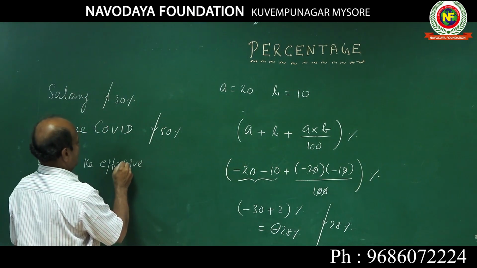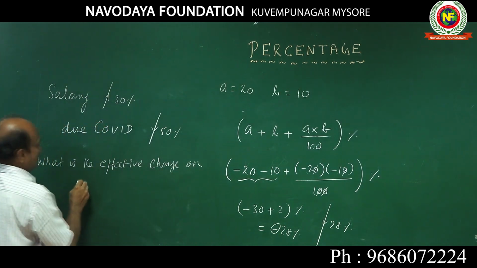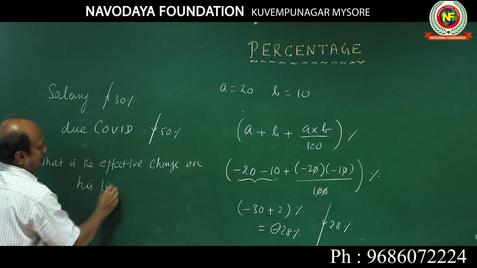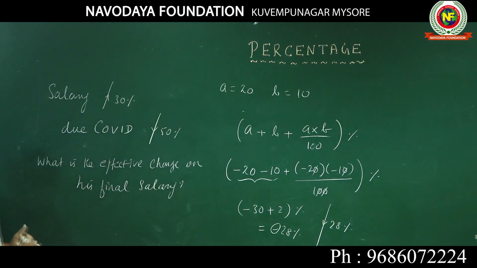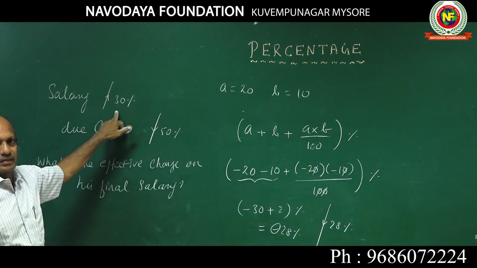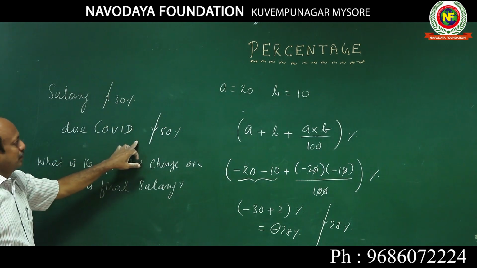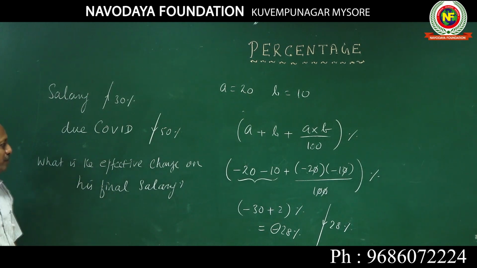Let me repeat the question. The person's salary before the COVID was increased by 30%, but due to COVID, his salary has been decreased by 50%. What is the effective change on his final salary?